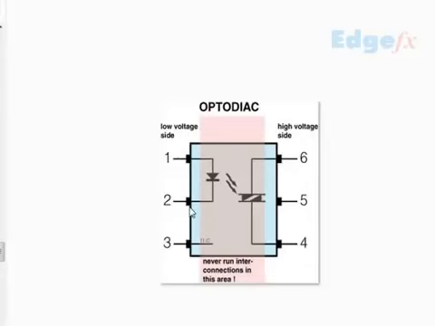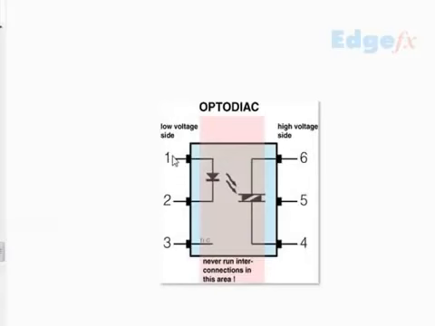This is pin number 1 and 2, and 4 and 6 are used. 5 is not used. And this looks like this, as a 6-pin IC, and they are very popular as far as the firing angle control is concerned, and the pin configuration is again like this.